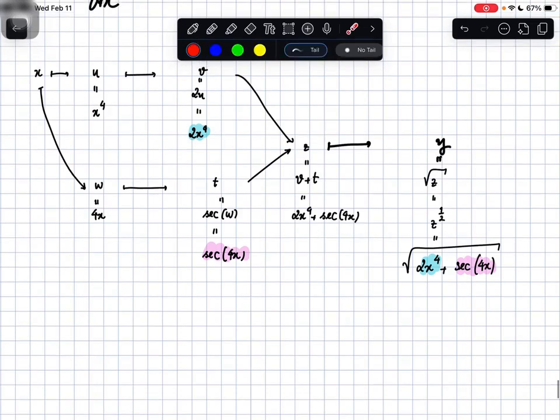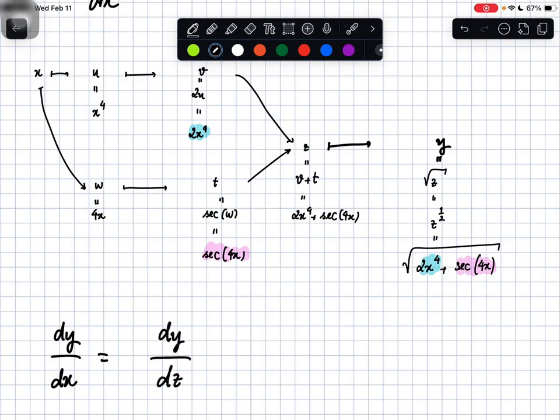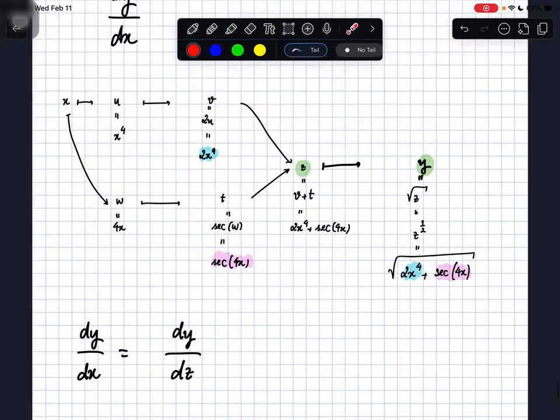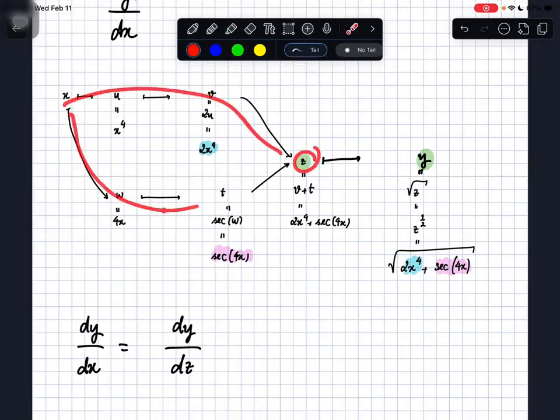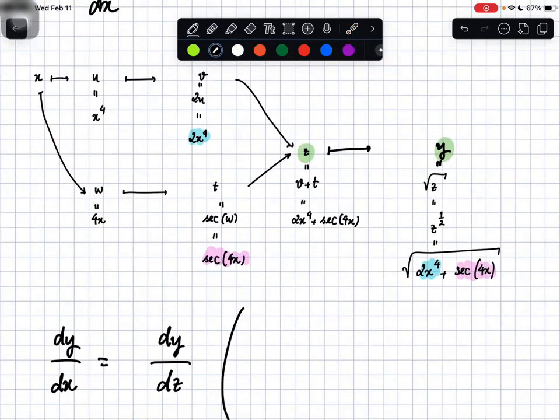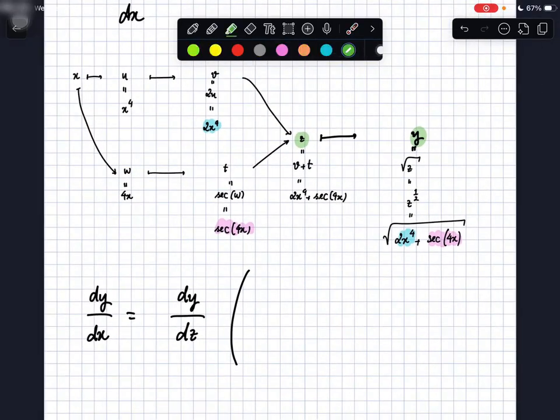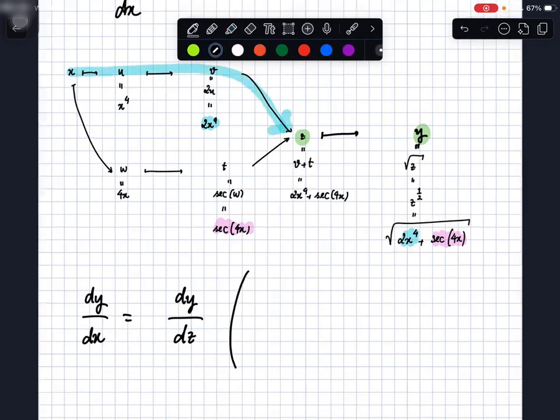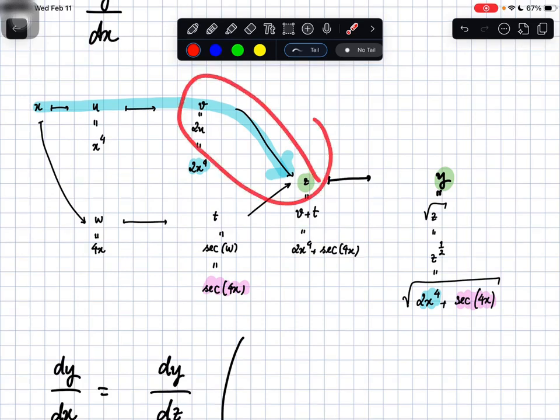Now let's apply the chain rule. We go in this direction to here. So dy over dx is dy over dz. So we are here, dy over dz. And then to get to x, you need to go this direction and this direction. This would be the first direction, let's say the blue one. We need dz over dv times dv over du times du over dx.